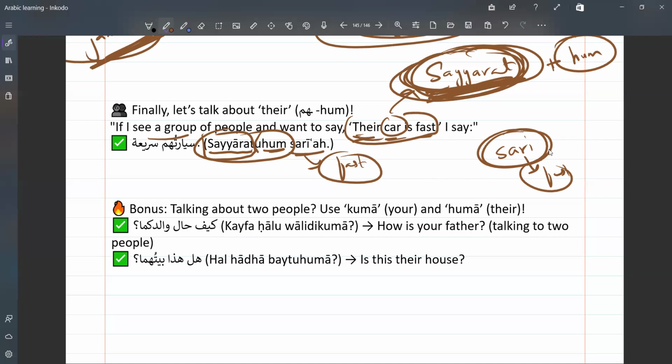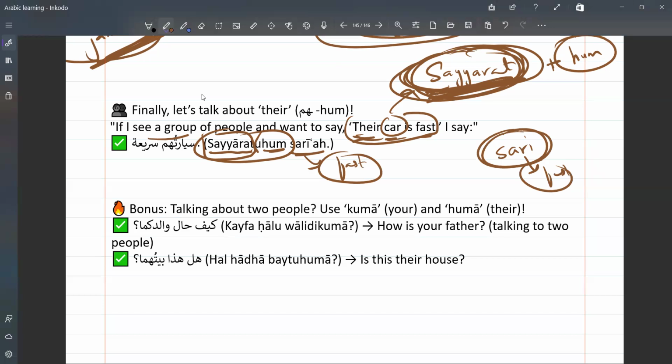For feminine subject, you just add the letter a at the end, right? So that is the difference primarily. Since car in this sentence is the subject, and since car is feminine, we will use the word sari'a, right?